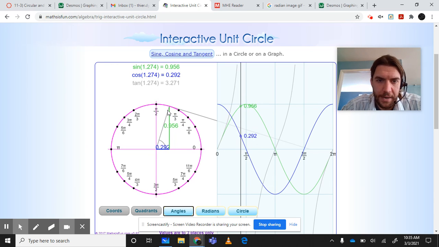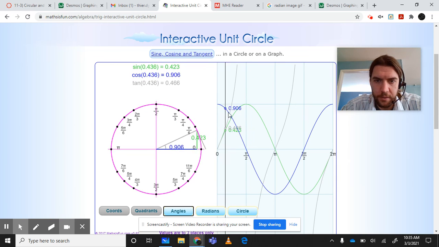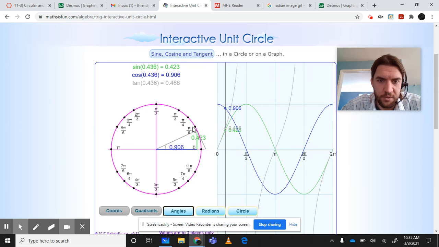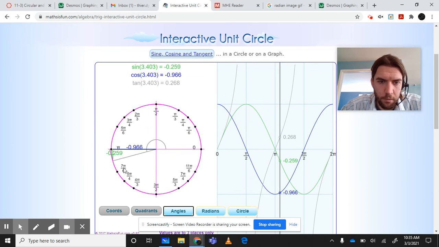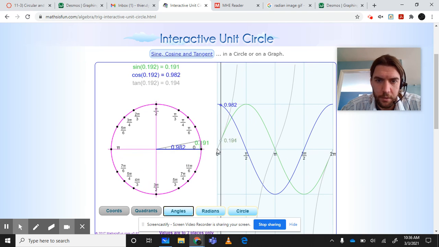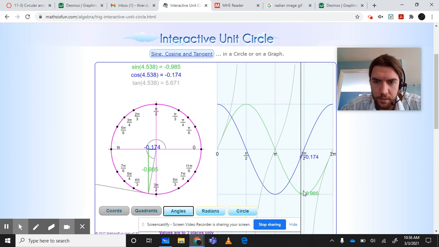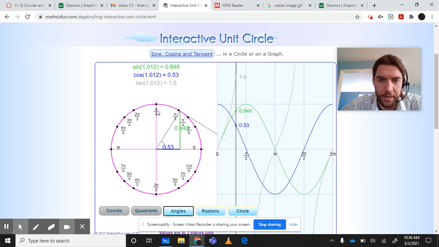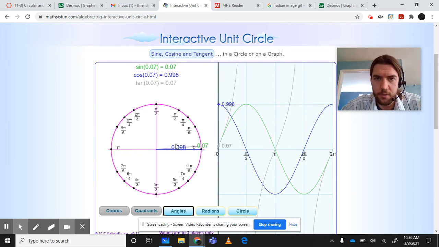And as I go around, this green line that goes up and up is tracking the progress of the height of this green line on the right triangle. It goes from 0 to 1 to 0 to -1 to 0. Right? And as I continue spinning around and around and around, it just repeats.